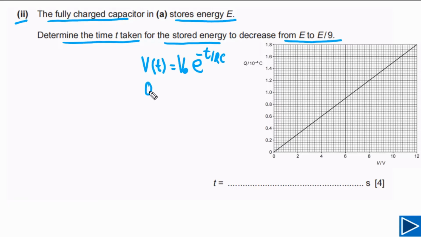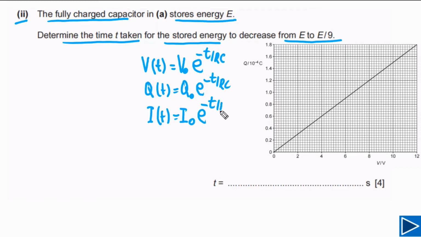We can also use Q as a function of time. This is equal to Q initial value or Q max, times e to the power of negative t over RC. And t is the time taken. We also have a relationship for I as a function of time. This is also equal to I naught, the maximum value of I, times e to the power of negative t over RC.